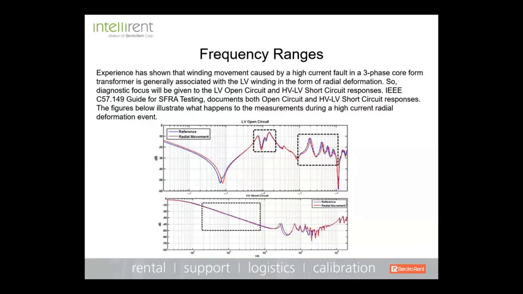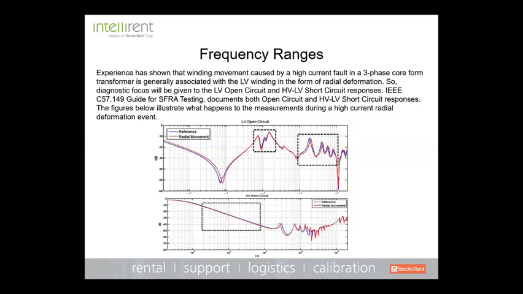So basically, when we talk about through faults and the possible considerations that we see, experience has shown us that winding movements caused by high through faults in a transformer is generally associated with the low voltage winding in the form of radial deformation. And the diagnostic focus will be given to the low voltage open circuit and high voltage to low voltage short circuit test results.